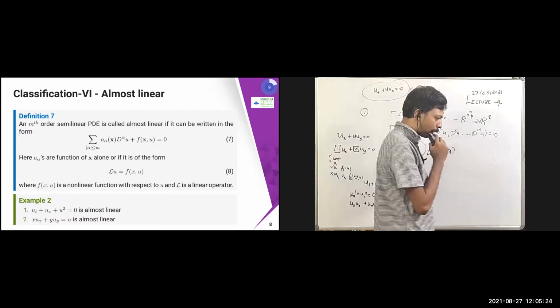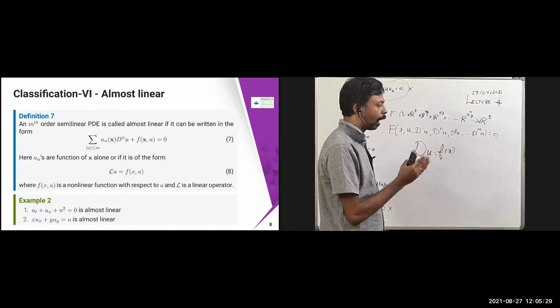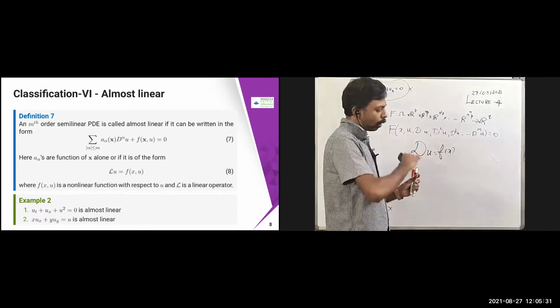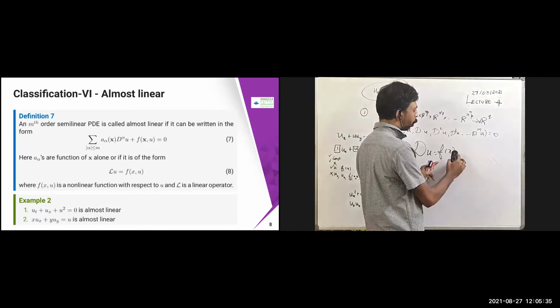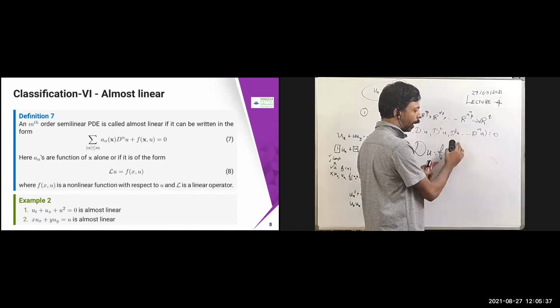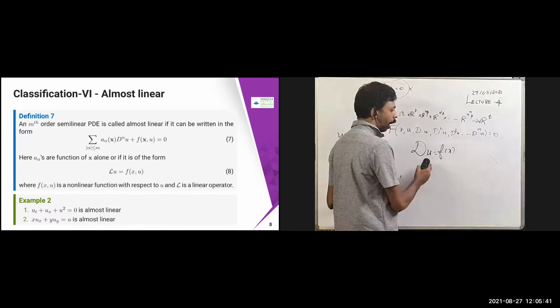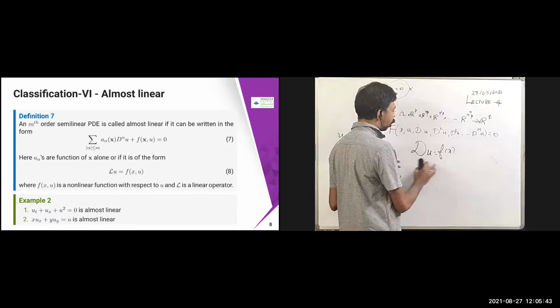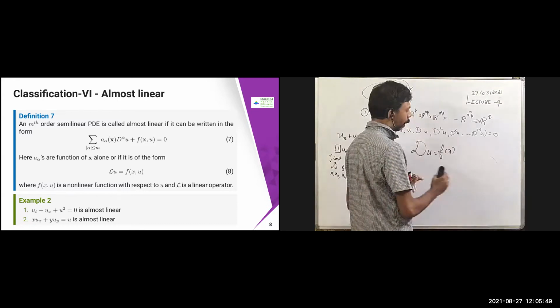So this also we have seen. And almost linear PDE, in that case, I just say a_alpha(x) D^alpha u. So the right hand side I have, the f of x. This f of x I can put like u, this I can combine. So in that case I say almost linear. All the coefficients on the D^alpha u, meaning the derivative coefficients, would be functions of x alone, whereas the u can contain non-linear terms.